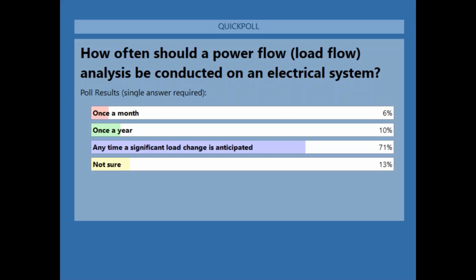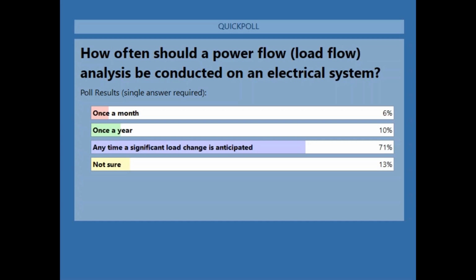And I mentioned it's not a right or wrong question. My suggestion is this is based on the policy and the health of the system, the policy of the facility owner or manager. There are times in the life of a facility where running a load flow is important because of problems or because of trending that is observed, or an instability in the system, and consequently you need to be on top of the load flow.